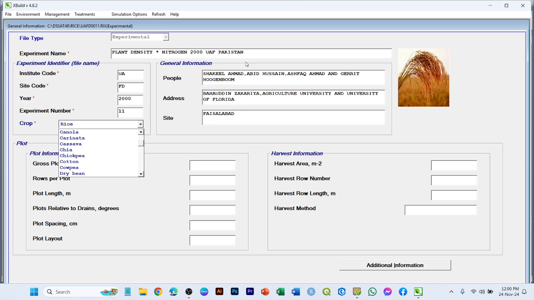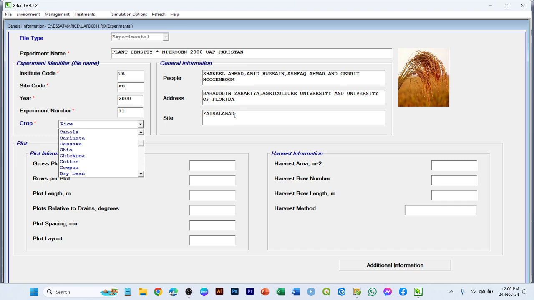It doesn't mean that this address will be the same as where you conduct the experiment. The institute might be different from the experiment site. See, this is the example. Site name is Faisalabad, but the person that conducted the experiment has a different affiliation or address. So it doesn't mean that he has to be from the same site.